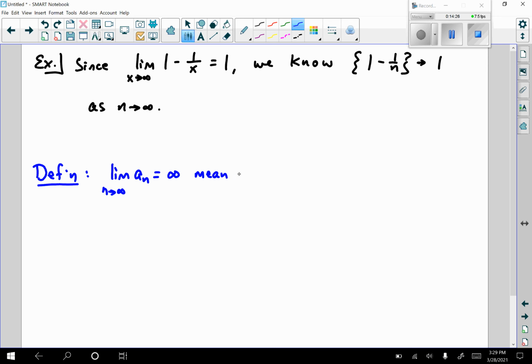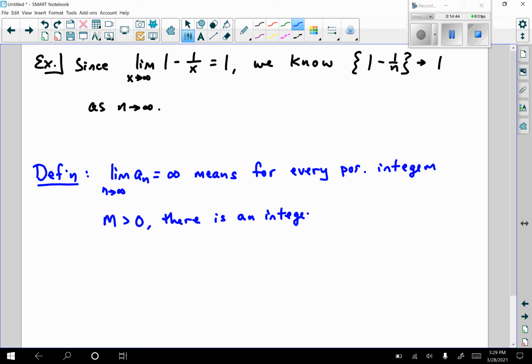So this statement here means for every positive integer m that's greater than 0, there is an integer N such that a sub n is greater than m for all of the integers that will be greater than capital N here.